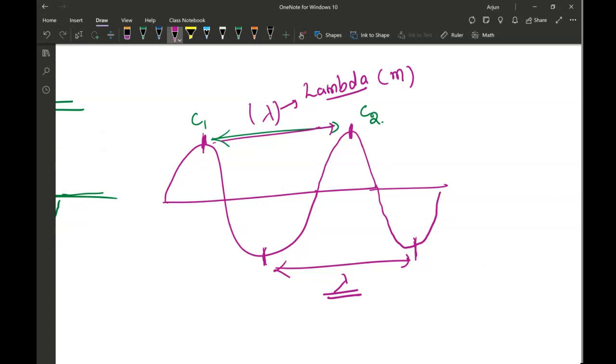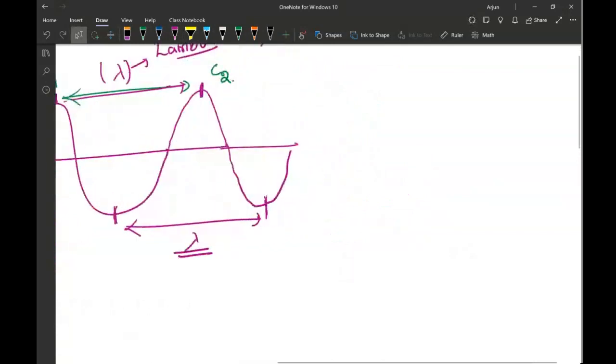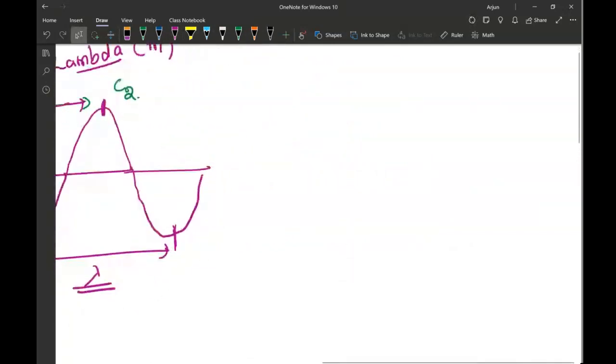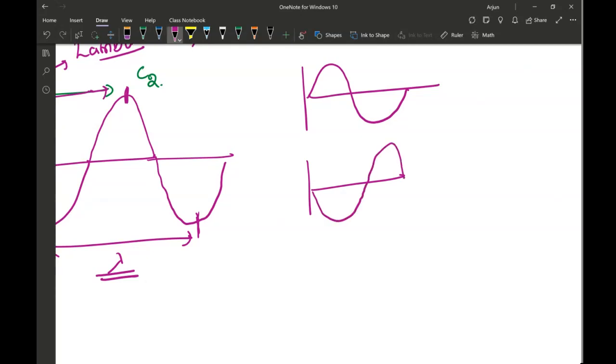Now, we're going to talk about how wave behaves. So properties of the wave. So let's say we have this wave. Another wave is like this, in which trough comes first. This is wave 1, and this is wave 2.